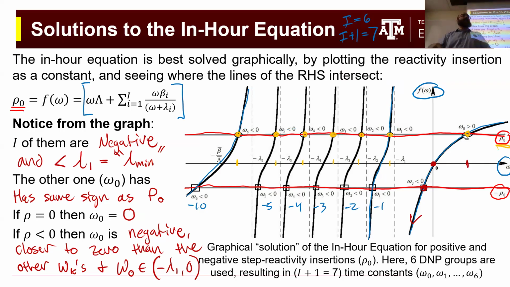So if I let time be very large, what's going to happen to all of these omegas, 6 through 1, as time gets bigger? Any solution that contains these omegas is going to go to zero, right? And the only one that's going to survive is the one that's positive.